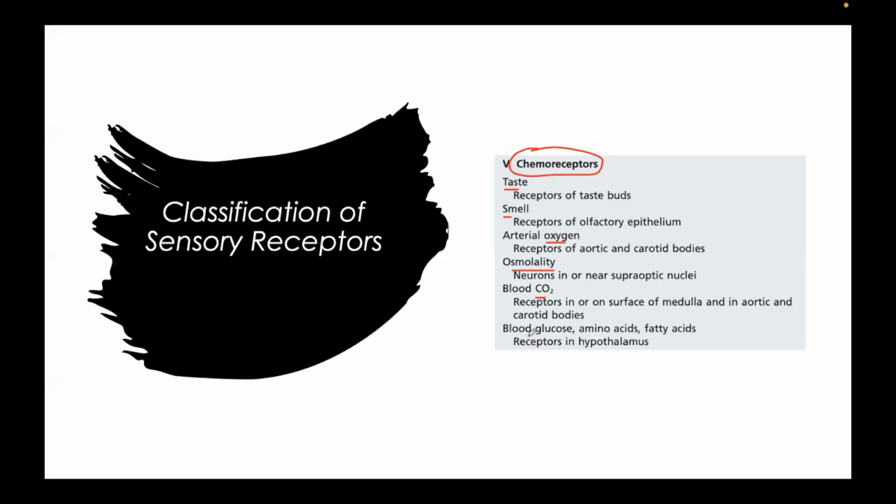Now, this one came out in the physiology exam. What is the special chemoreceptor for savory taste? What is the taste bud for savory taste? What do we call this?